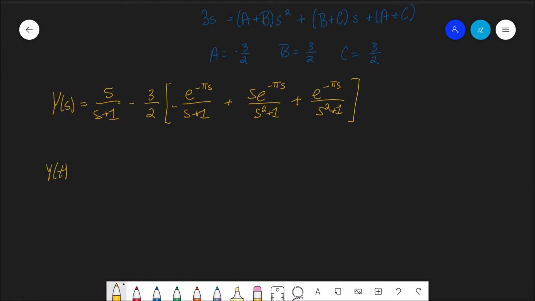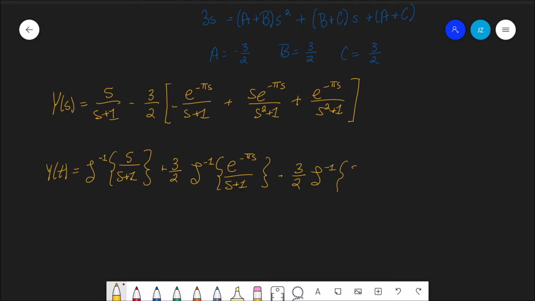So y of t is the inverse transform of 5 over s plus 1 minus 3/2 times the inverse transform, I'm going to make this plus, e to the minus pi s over s plus 1, minus 3/2 inverse transform of s e to the minus pi s over s squared plus 1, minus 3/2 inverse transform of e to the minus pi s all over s squared plus 1.